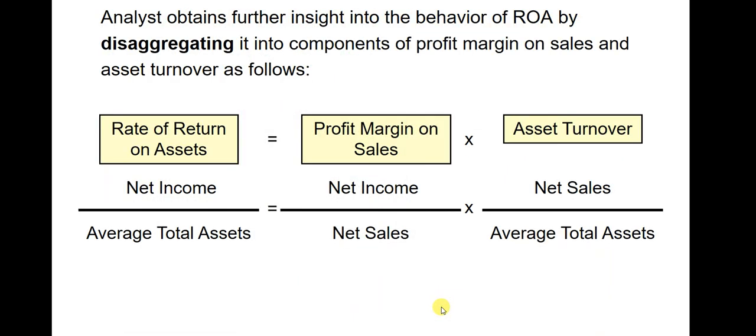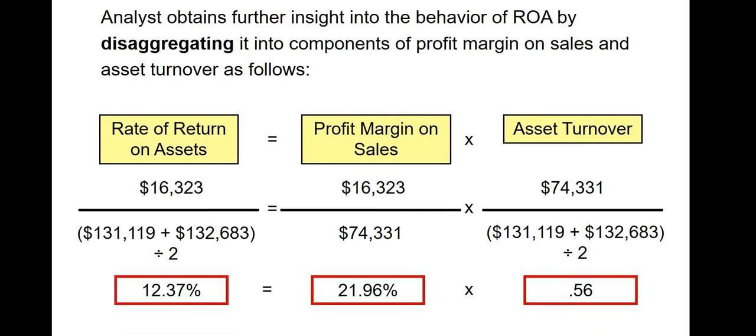So what happens there is I can use my analysis. Remember, this one's net income divided by average total assets. I can ask myself, where is that coming from? Is it coming from a high markup on sales, or that I'm efficiently utilizing my assets to generate sales? 56 cents of sales is generated per dollar of assets. 12 cents of net income is generated per dollar of assets.